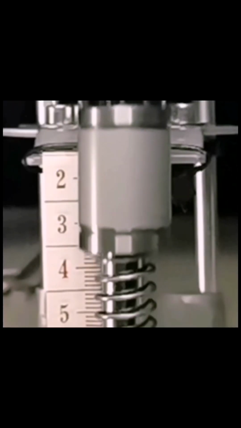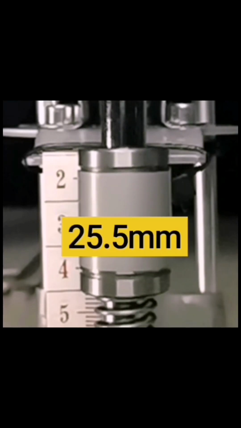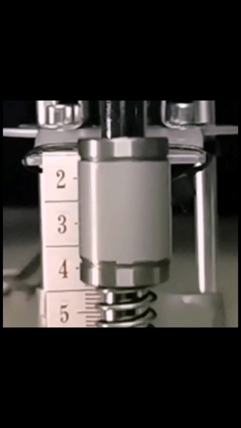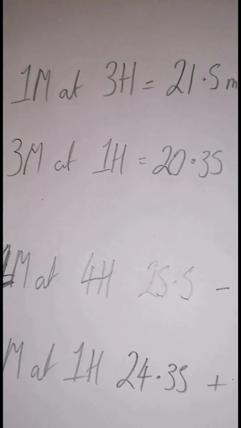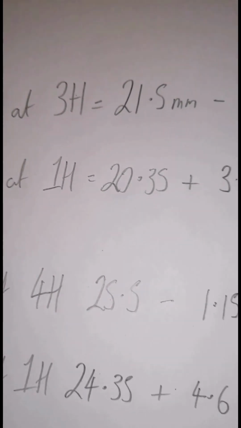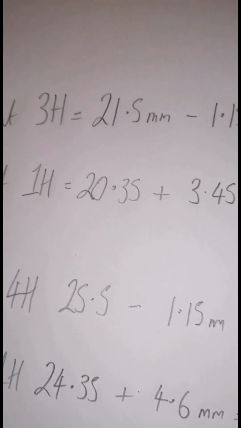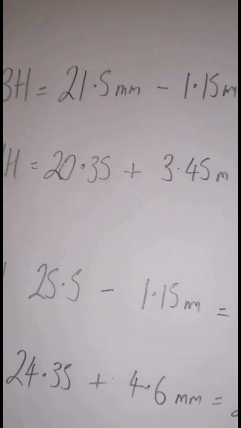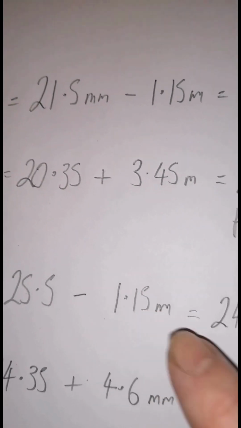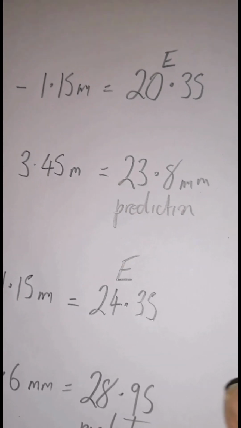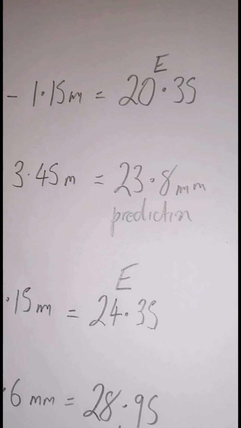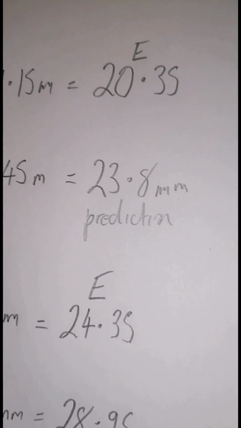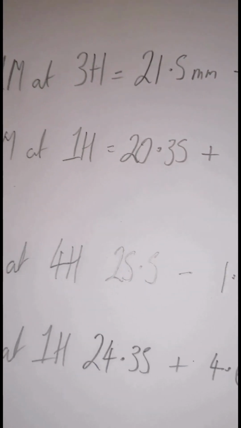5, 10, 15, 25.5. So now we've just seen the 1 mass at 4 heights, and we're roughly getting 25.5 millimeters of compression. We take off the 1.15, and that gives us the energy of the compression, roughly 24.35 millimeters.